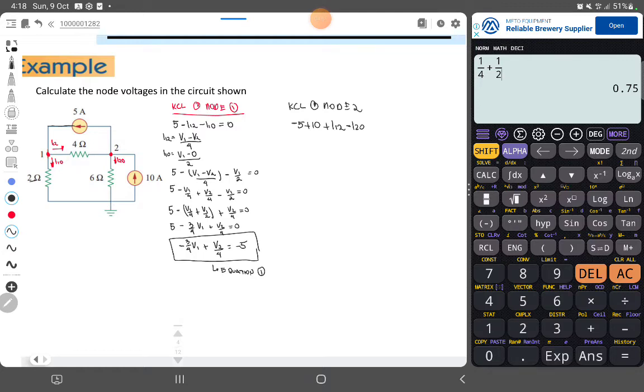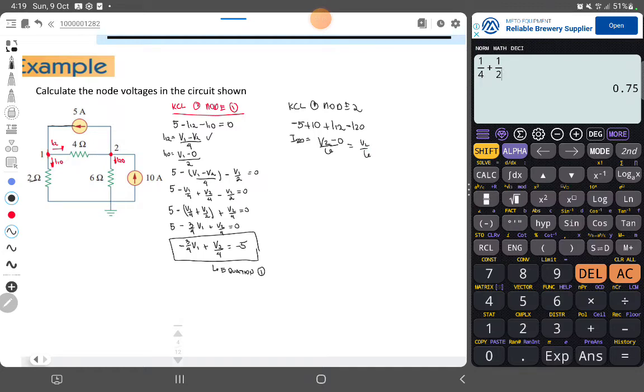Now I already have I12, and I20 is not yet found in my equation. So my I20 can be written as V2 minus 0 all over 6, which is V2 all over 6.